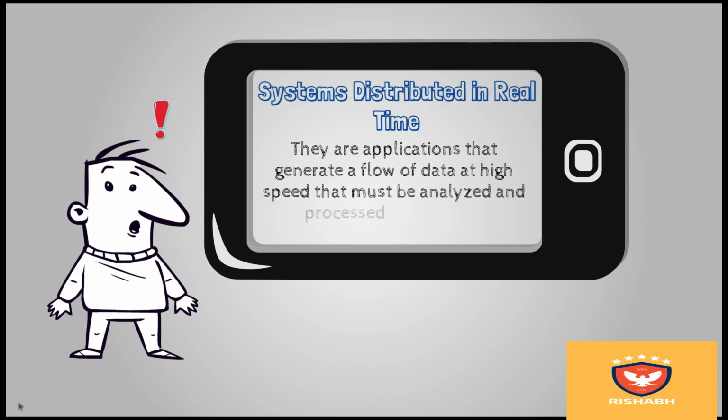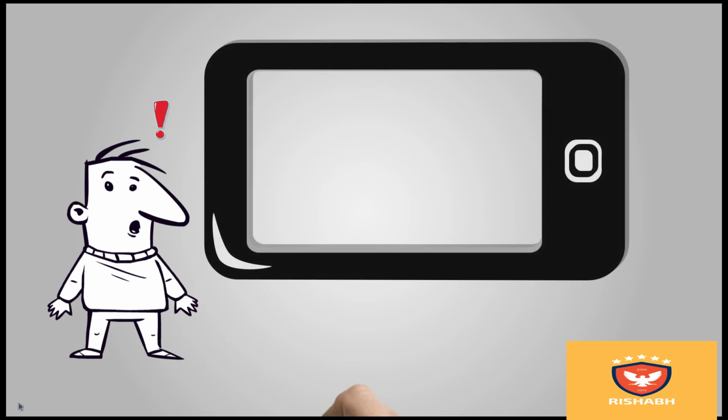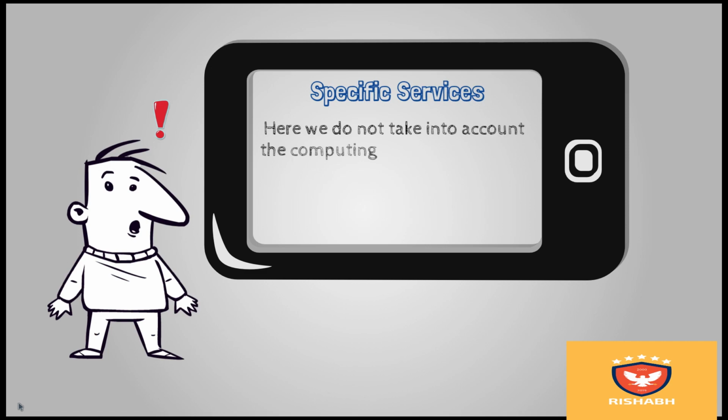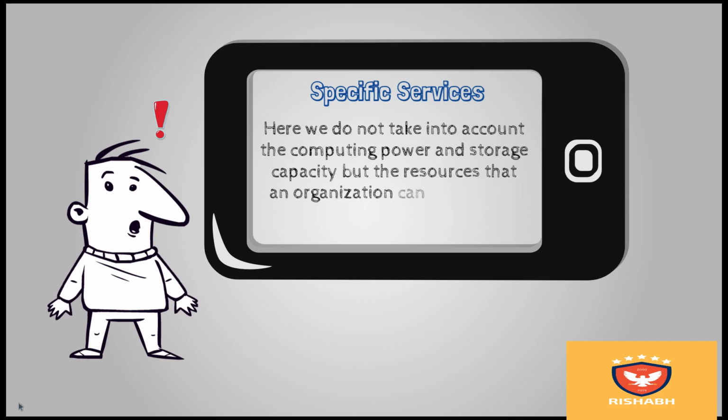They are applications that generate a flow of data at high speed that must be analyzed and processed in real time. Third, specific services. Here, we do not take into account the computing power and storage capacity, but the resources that an organization can consider as not necessary. Grid represents these resources to the organization.